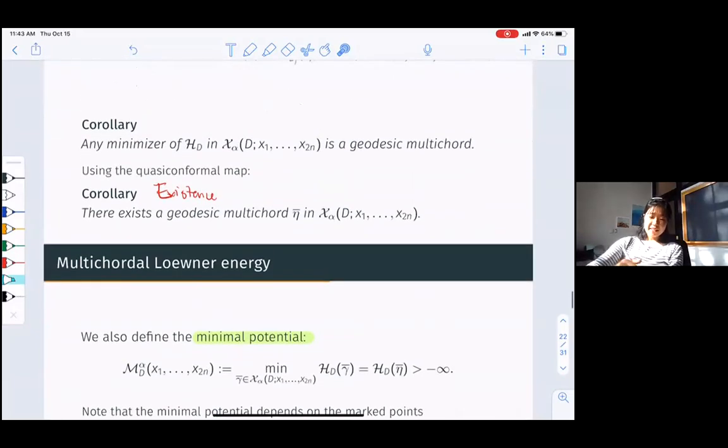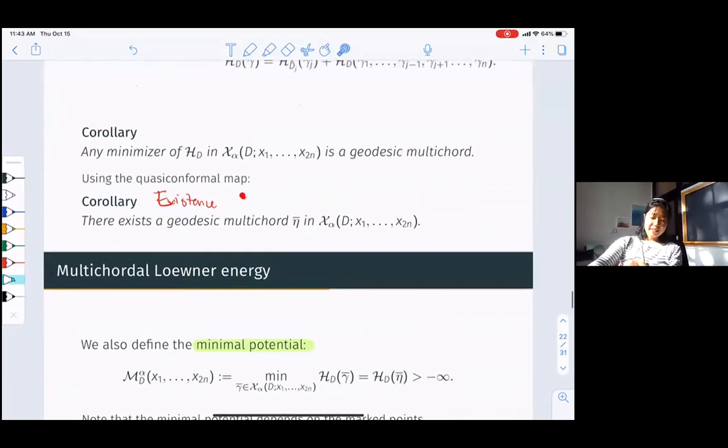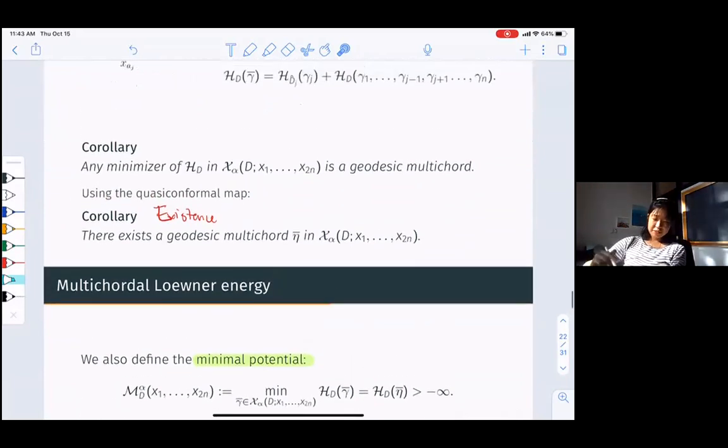All right. Also, here I just have to say, to put a period to the previous discussion with Goldbach's result, that with this corollary we have the existence of the geodesic multi-chord for each connection pattern alpha.